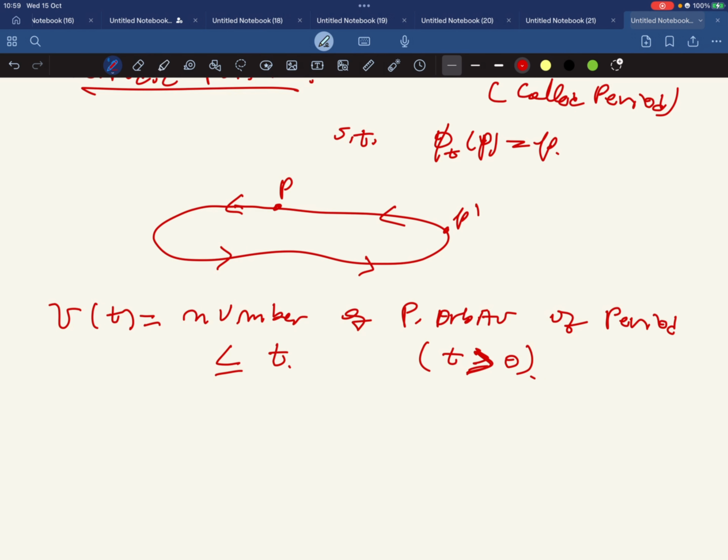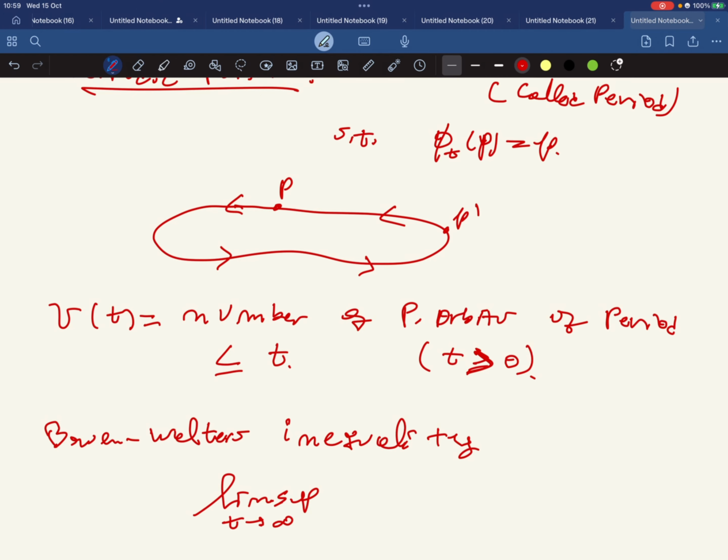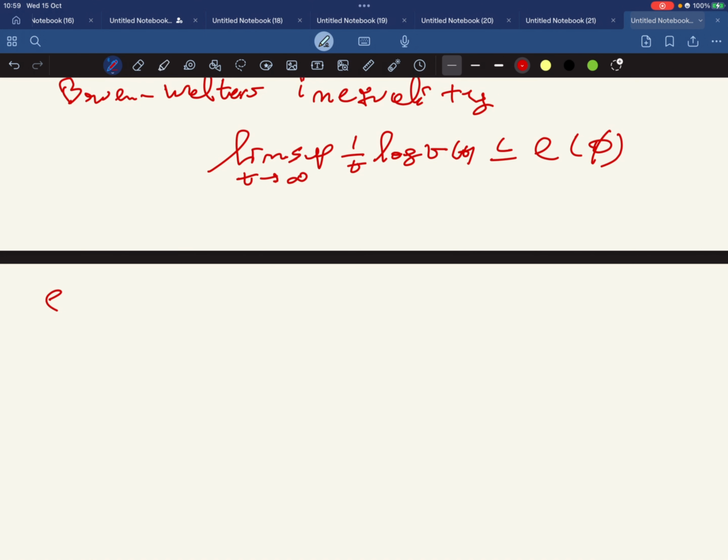Now, Bowen-Walter proved the following inequality: the limsup of 1 over T log of V of T does not grow more than the topological entropy, where h of phi is the topological entropy, which is the topological entropy of the continuous time-one map.